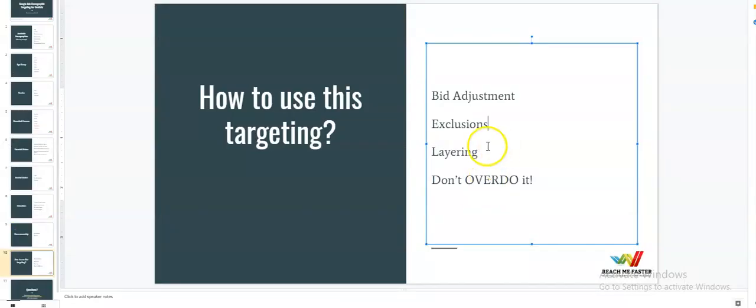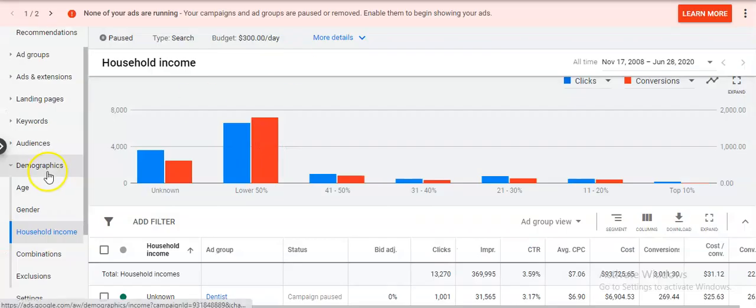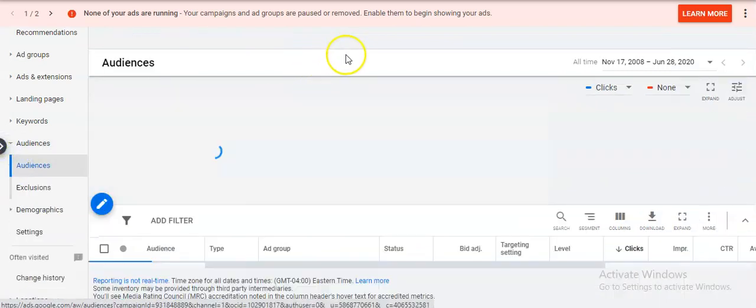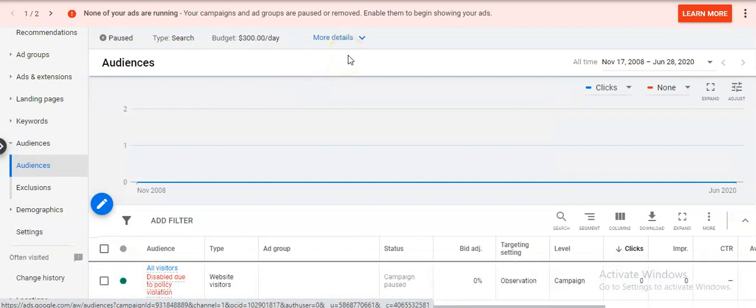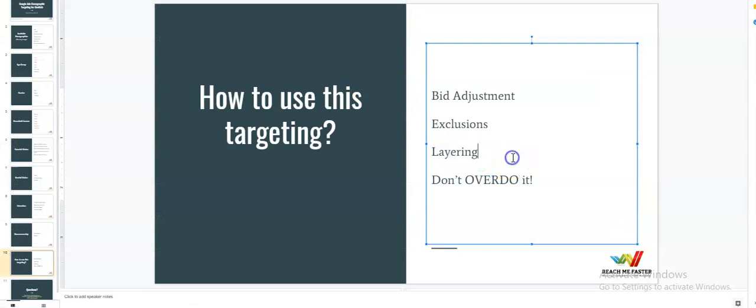And then of course layering, I already explained a little bit. It's an advanced concept. Again, most dental offices should avoid doing it because it's going to reduce the click volume, and therefore the call volume, and therefore the patient volume. Why? Because once you start using these detailed demographics on top of one another, then you keep narrowing the target audience down until you end up with nothing, basically.